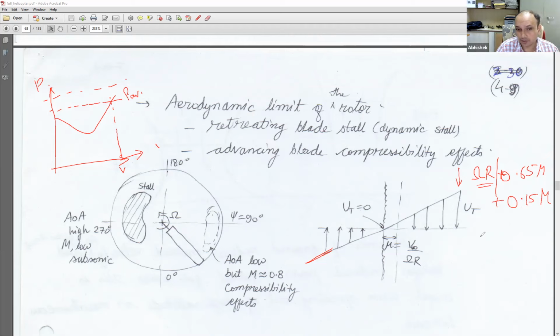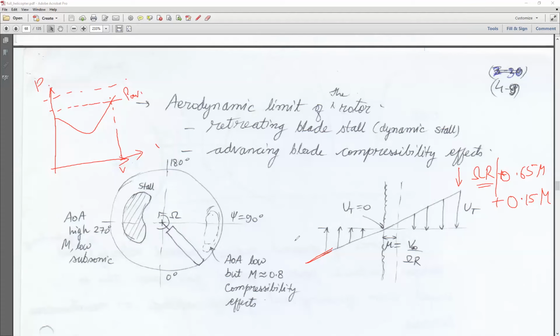What is the limit for normal subsonic flight? What is the speed or Mach number at which airplanes fly? Fixed wing airplanes, commercial airplanes.